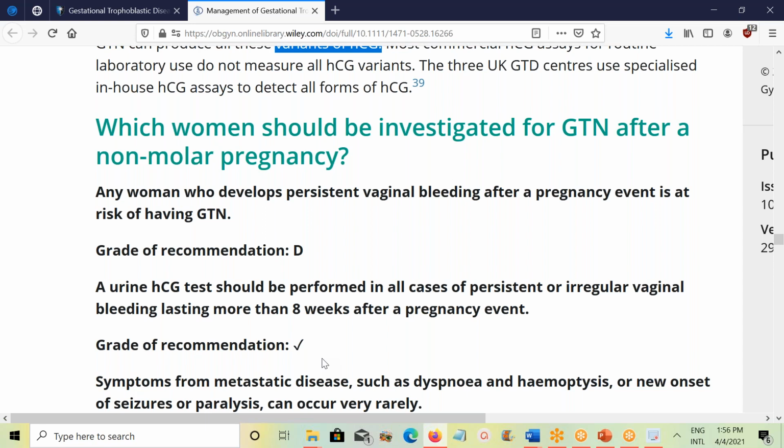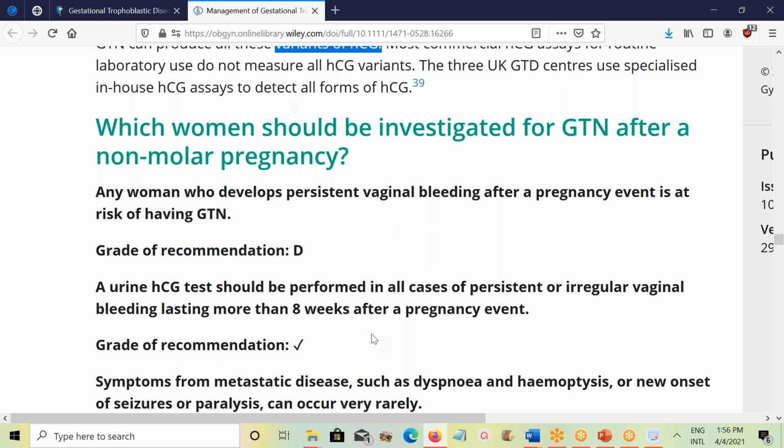You should remember that less than 1% of women will develop gestational trophoblastic neoplasia. Imagine you have a patient whose HCG level returned to the normal baseline, because it cannot be zero in the body, it can be 2 to 5 international units.